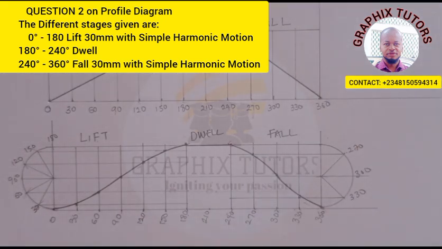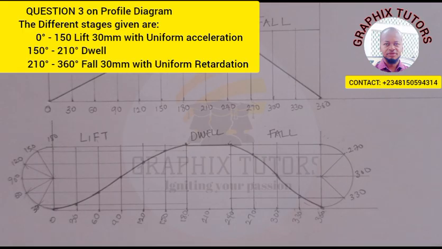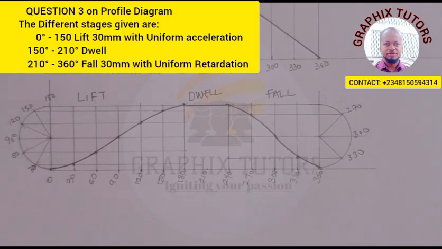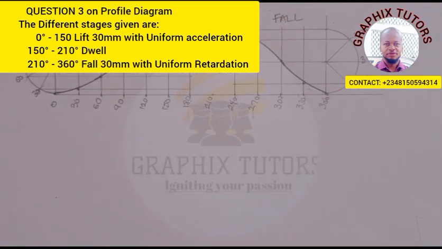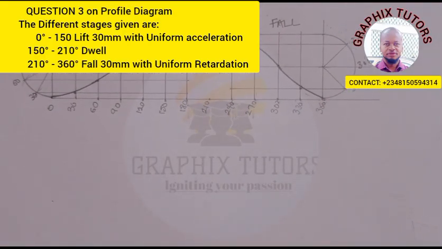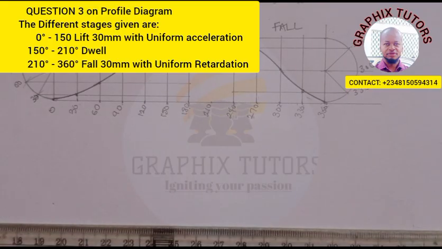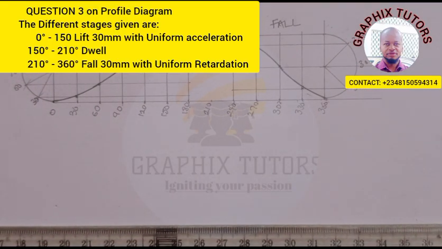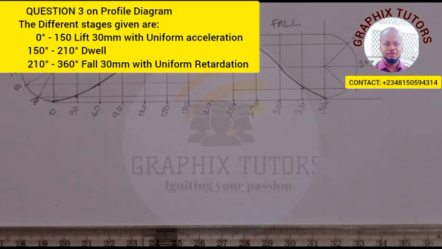So we'll go to the last but not the least, which is uniform acceleration. So with that, I'll just push this up a little bit. So let's see what we can have here. Are we together? So when we do that, now I'll do the same thing.